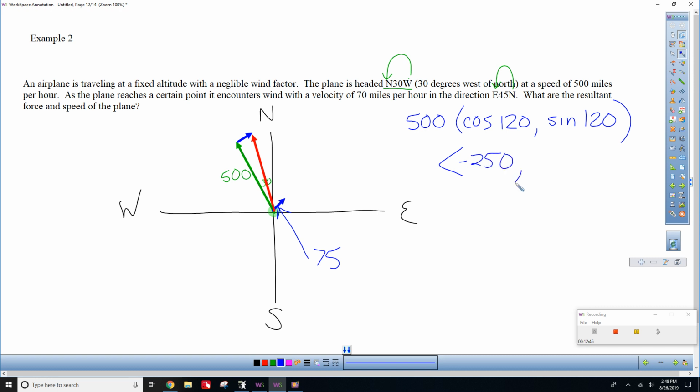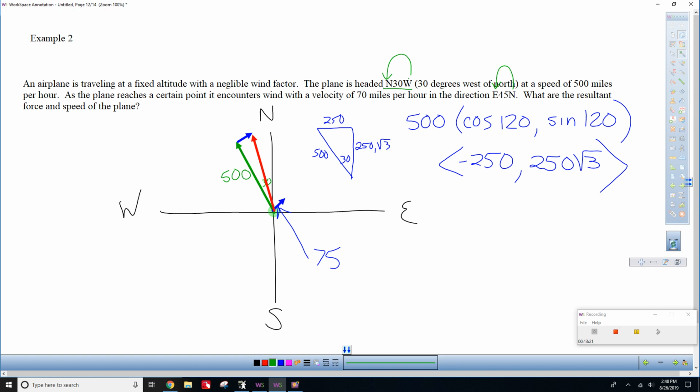Now look, this is a special right triangle, so I should be able to just go 30, 500. Half of 500 is 250. So this one is going to be 250 radical 3. And this is why math gets hard, because that's really just a geometry fact there. But luckily we've been reviewing it, so hopefully that makes sense to you. Okay? All right, so that is the component of our green.